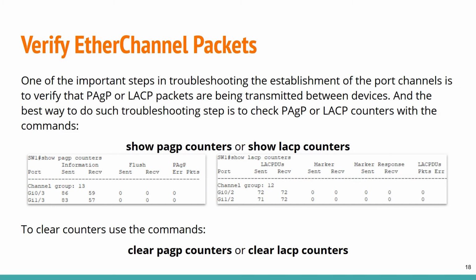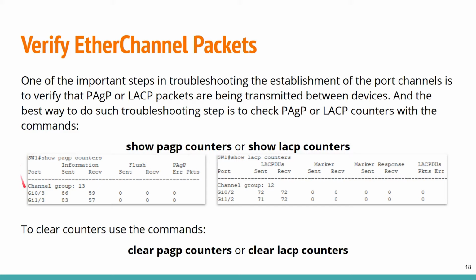One of the important steps in troubleshooting the establishment of port channels is to verify that PAgP or LACP packets are being transmitted between devices. And the best way to do such a troubleshooting step is to check PAgP or LACP counters with the commands show pagp counters for PAgP protocol or show lacp counters for LACP protocol.